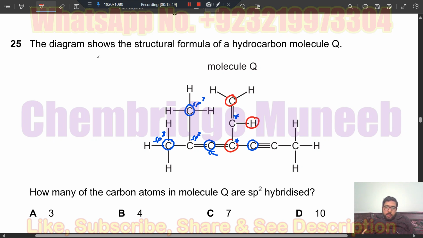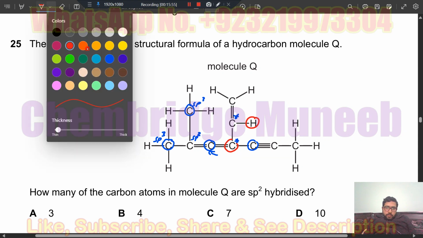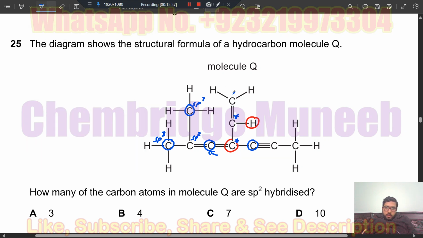So yes, that's also there. And this carbon is also sp2 hybridized. We have 3 atoms bonded with this carbon, 1, 2, and this one is 3. So we have now these carbon atoms termed to be sp2 hybridized.